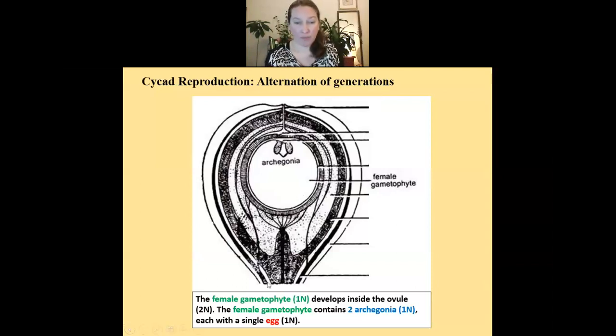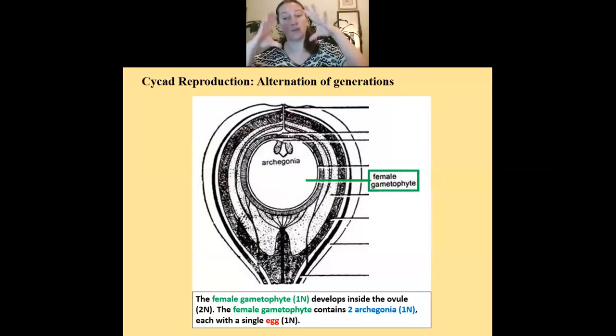And I'm pretty sure that I have this color-coded already. Yes. So here you go. Female gametophyte is haploid, right? Develops and stays inside of the ovule. But the ovule itself is diploid because the ovule is part of the sporophyte plant. But now we have inside that female gametophyte plant who's haploid.